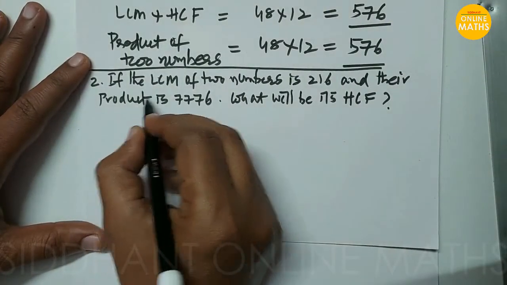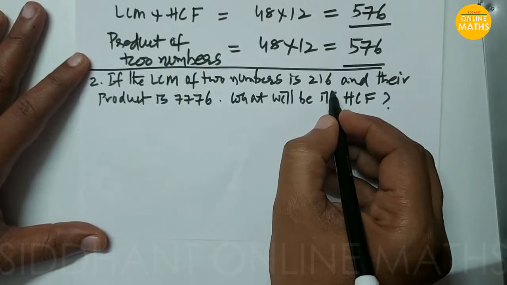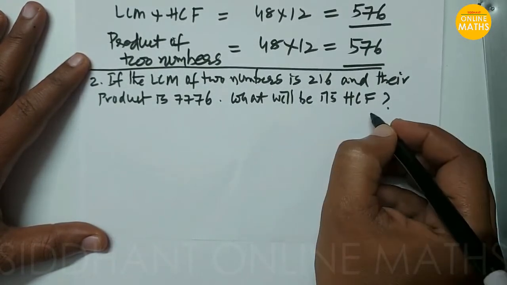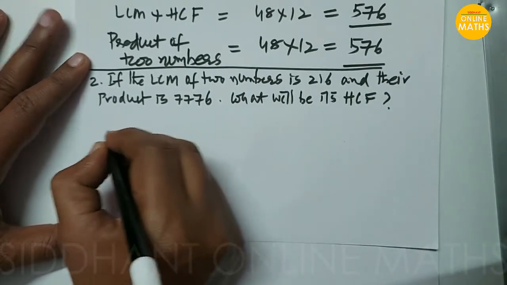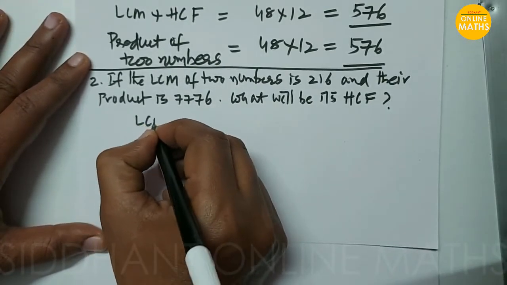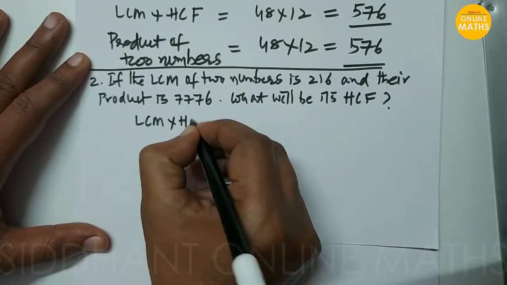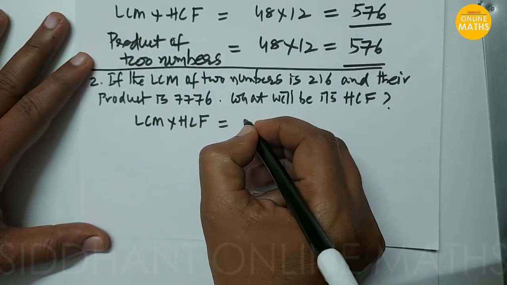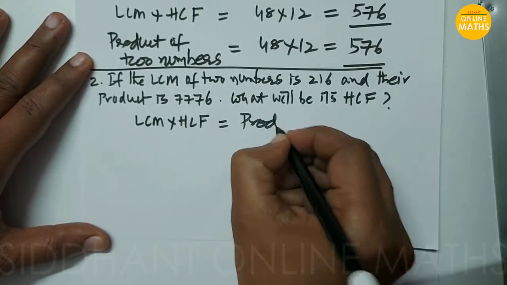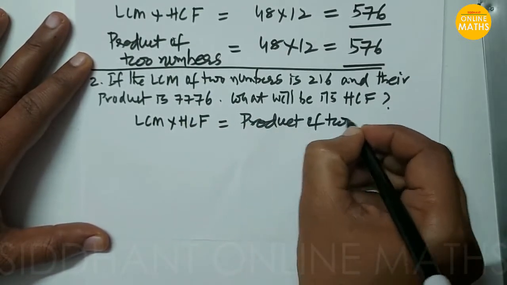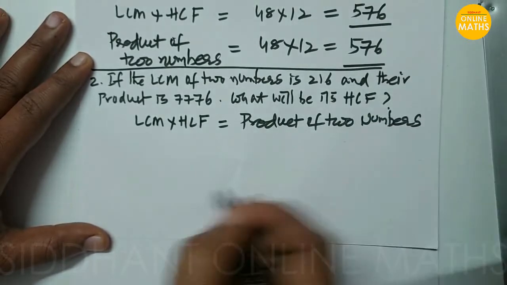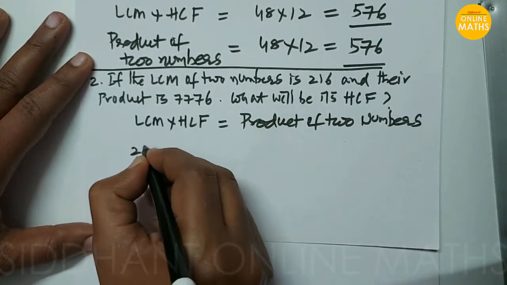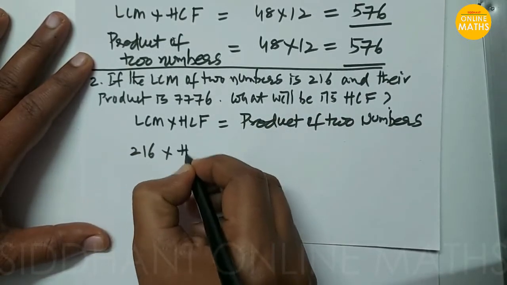Second question. If the LCM of two numbers is 216 and the product is 7776, what will be the HCF? We know that the relationship is LCM into HCF is equal to the product of the two numbers. In the question they have given the LCM, 216, and we are going to find the HCF.